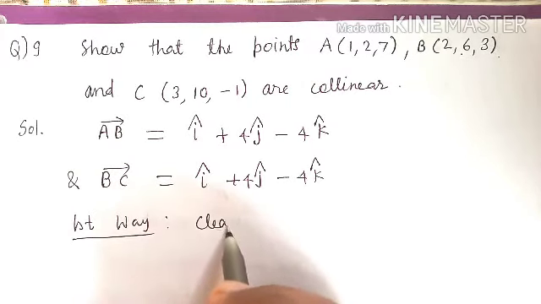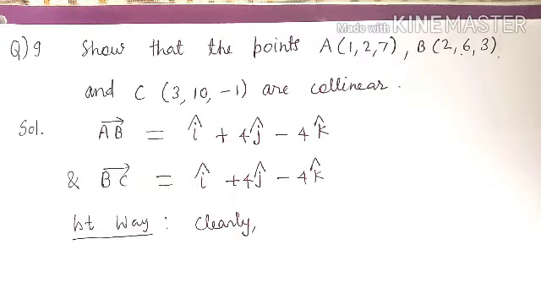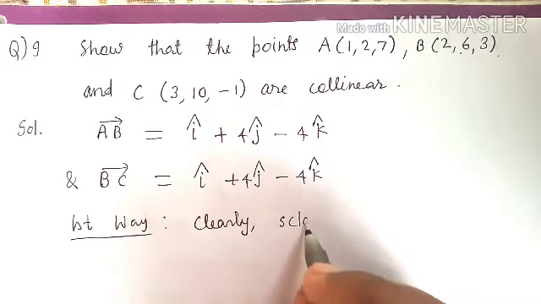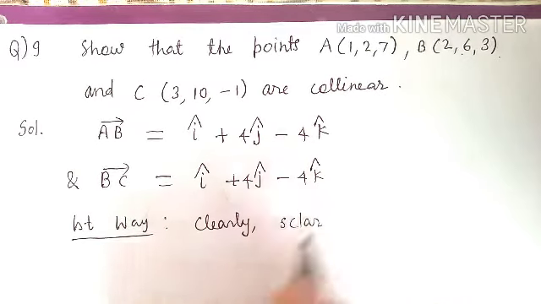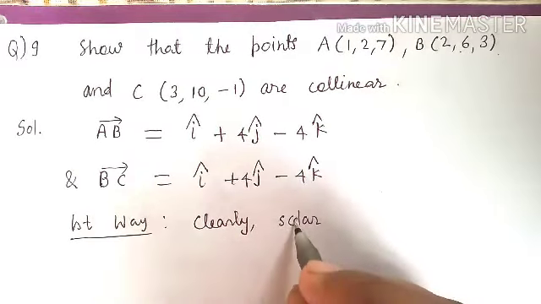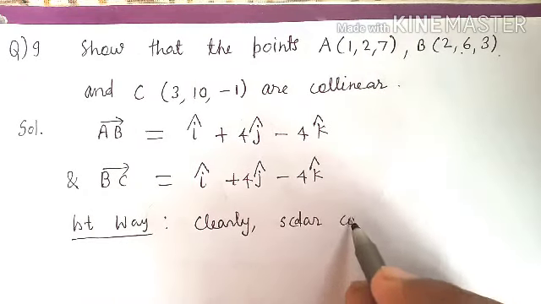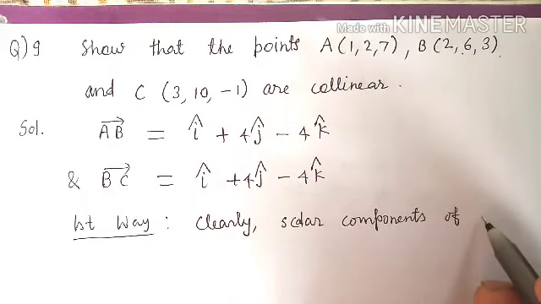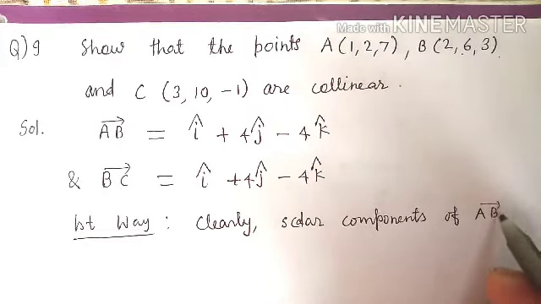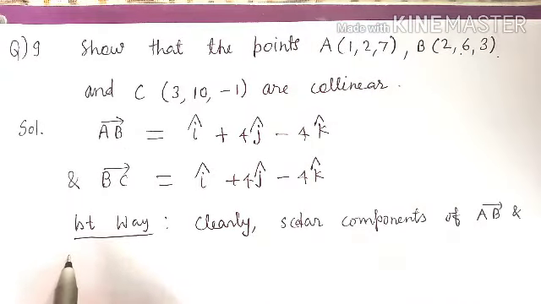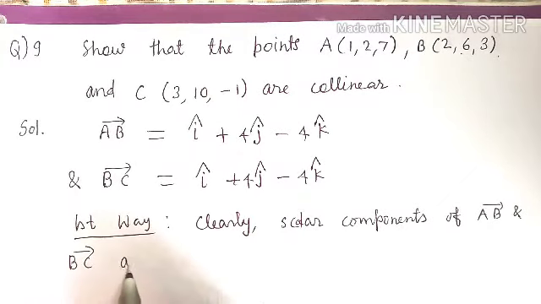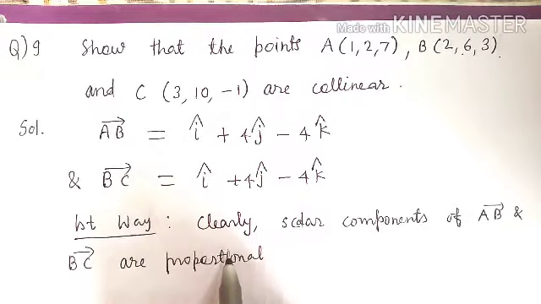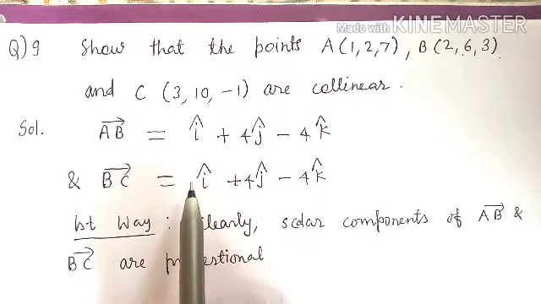We see that the scalar components of vector AB and vector BC are proportional, and the ratio is 1.